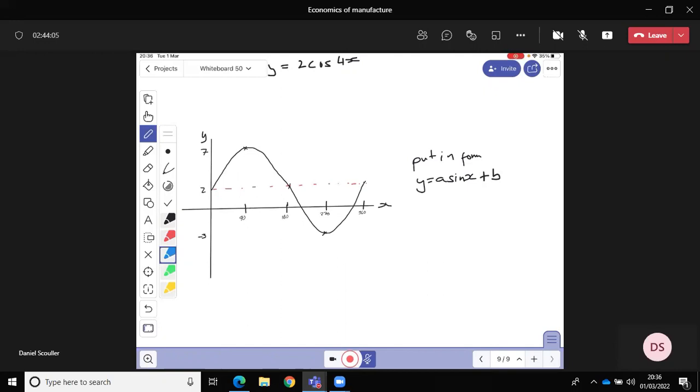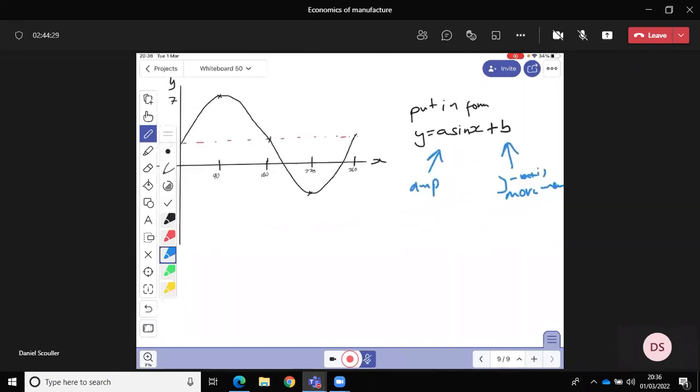So what do we need to do here? We need to work out the amplitude, but we also need to see what we've done in regards to movement on the y-axis, if there's any movement on that y-axis. So first we'll do the amplitude.